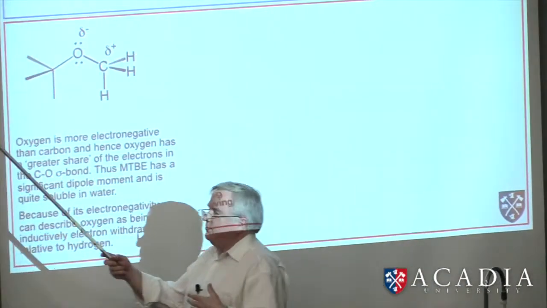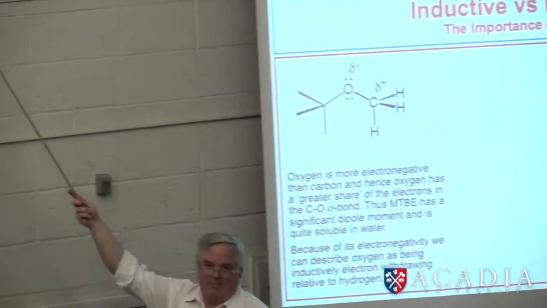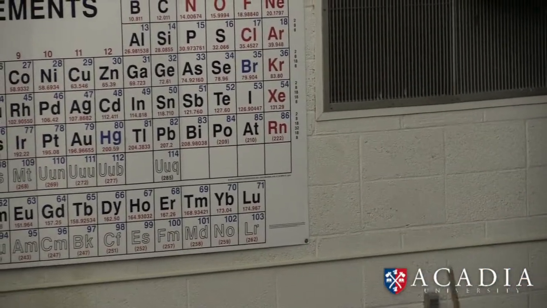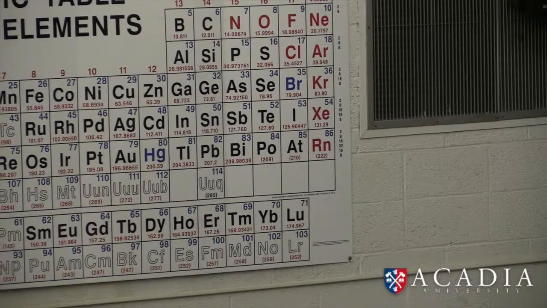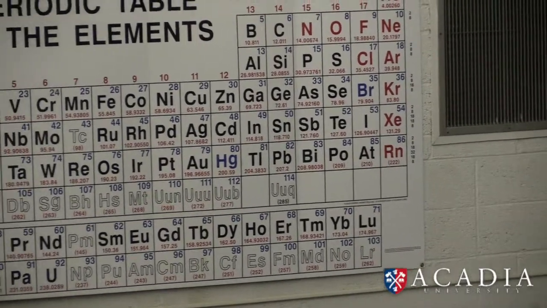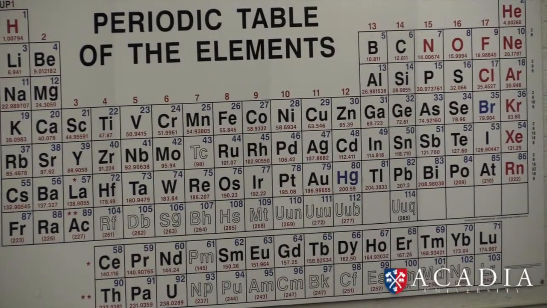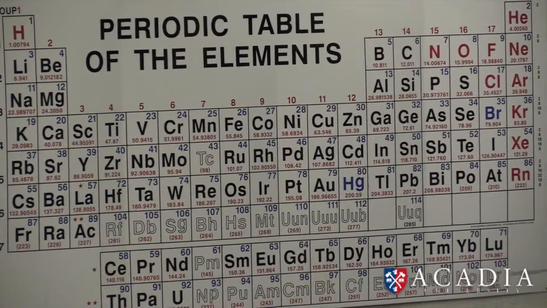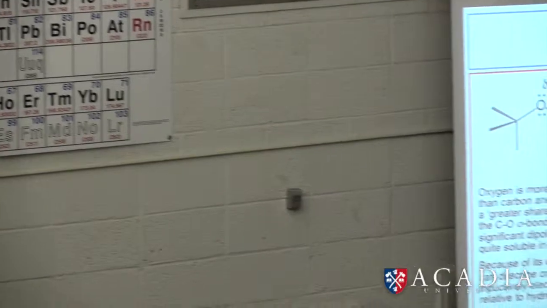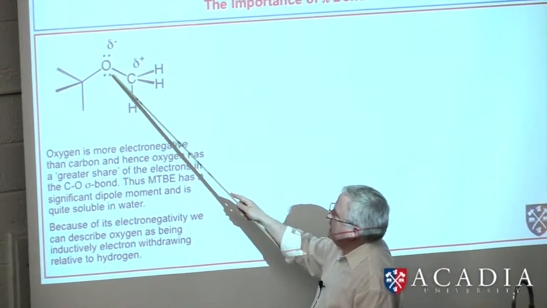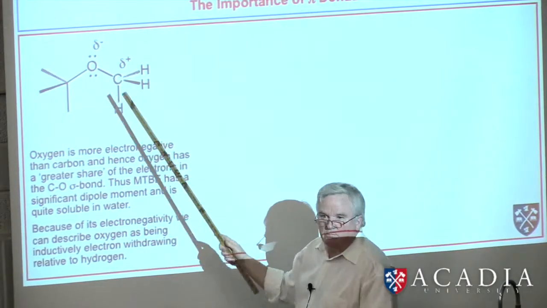And oxygen is more electronegative than carbon. We can guess that because of the trends in the periodic table: oxygen is to the right of carbon, and they're in the same row. So oxygen is more electronegative. In this methyl t-butyl ether, we would have a polar bond, and in fact this bond would also be polar, but I'm showing it here because I'm going to show what happens when we make the cation. Anyway, this is a polar compound.